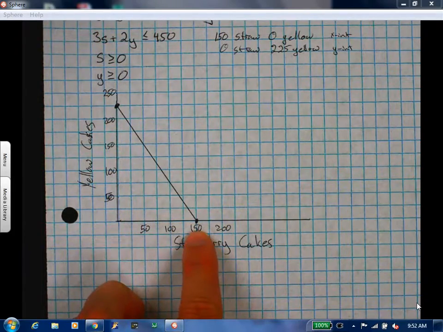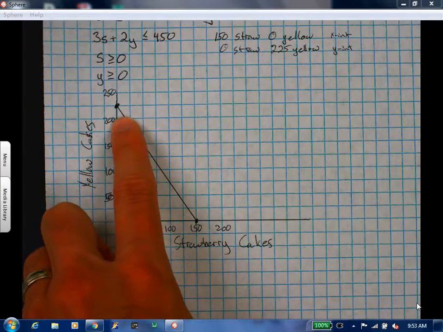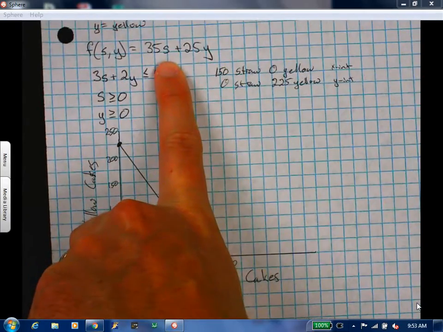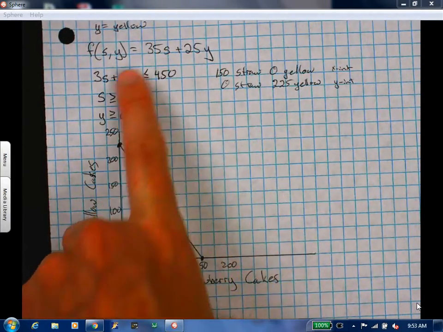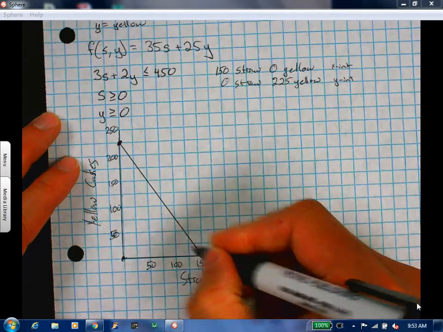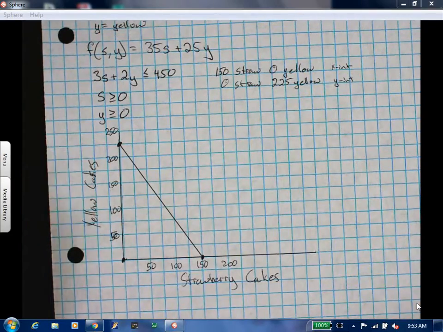So this is where this formula now comes into play. This 35s plus 25y, you use our vertices. Now keep in mind we are using the axes, so is 0, 0 a vertex? Technically yes, but is it going to produce any revenue to produce 0 cakes? No. So it is a vertex of the system, but really you're checking these two vertices out right here.